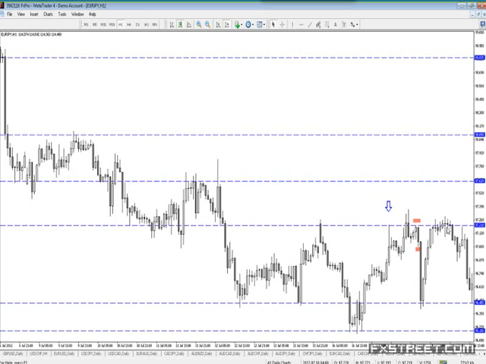Now, this is a case where it hung out there, and it didn't give us that big bullish candle to confirm it was going to break out. It hung out there, and then it fell. It gave us the bearish candle. It told us that it was going to fall down, and it did. What did it do before it fell down? It came back up and retouched it, like it often does. And that's the exact sort of setup I'm talking about on the Euro US dollar right now. Very similar on the daily chart.